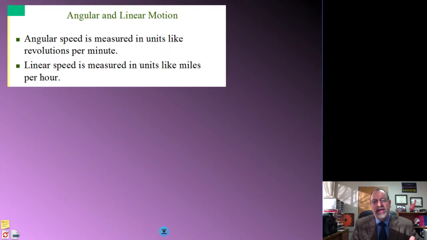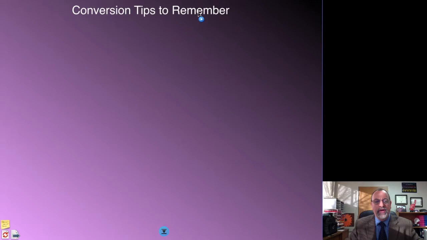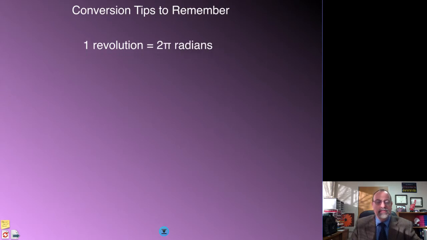So we can take a revolution of 1 and use that as a unit multiplier because it's 2 pi around the circle. Sorry, I didn't convert that yet. You know what, I'm going to stop the video, fix that, and then I'll be right back.